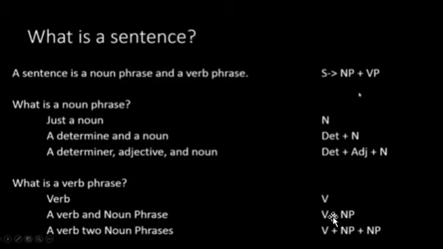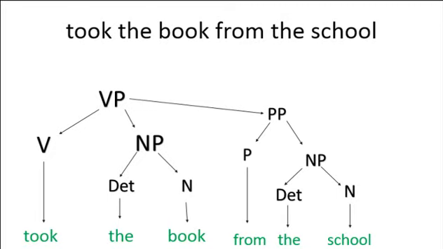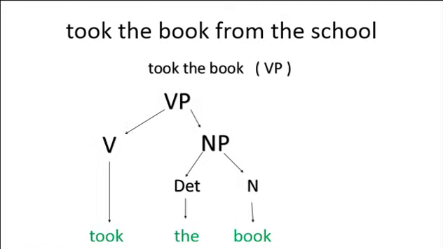Here, repeated, is the same: the verb and a noun. You say here, this is a verb and this is a noun. Noun phrase: determiner and a noun. Took the book. Took, the verb. The, determiner. Book, noun.